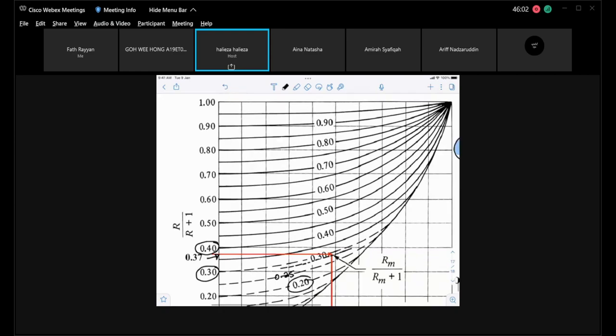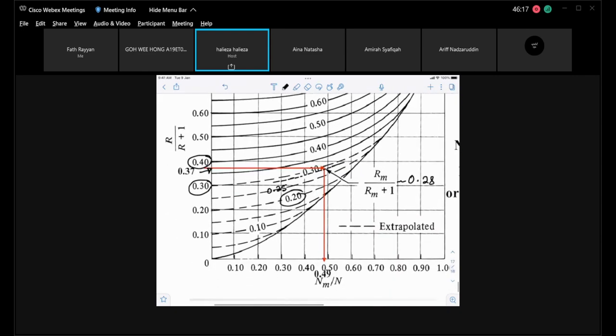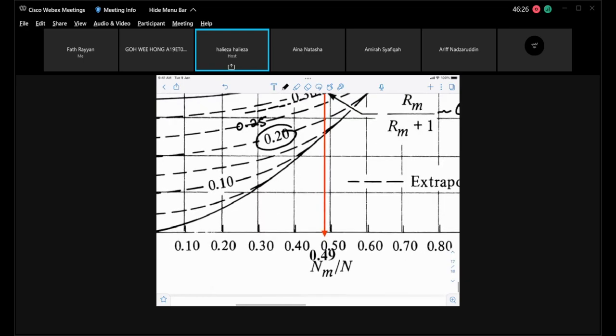So putting the two points together where the intersection point is, my curve is about 0.28 and my y-axis is 0.37. At the point of intersection, I will get the value of N min divided by N. And if you zoom up, it's roughly close to 0.5.